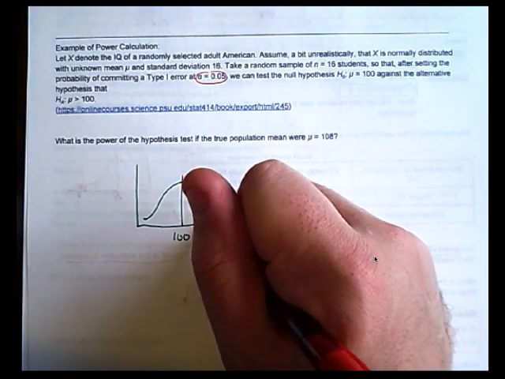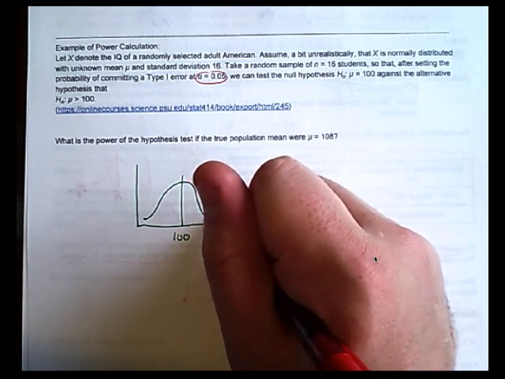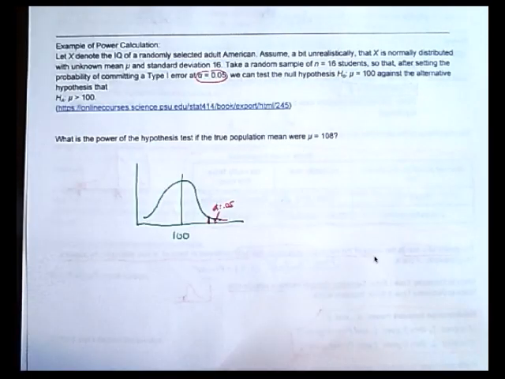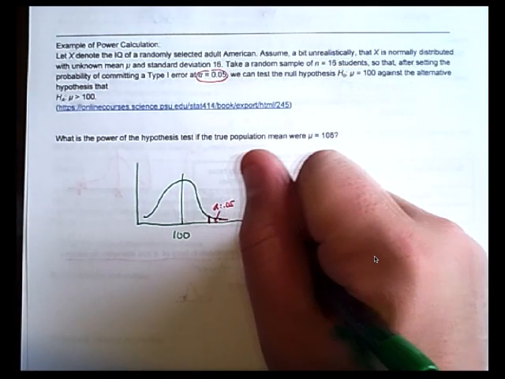So this alpha is predetermined for us to be right there. So let's think about some other alternative.